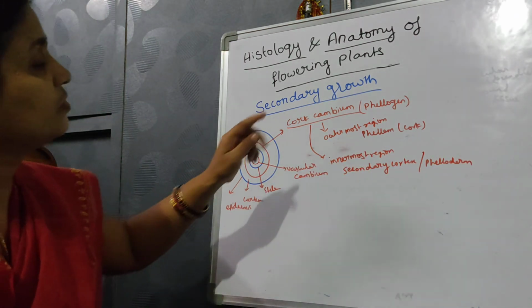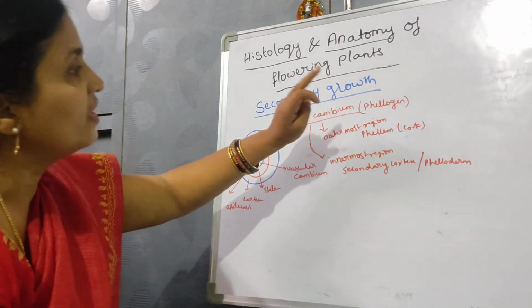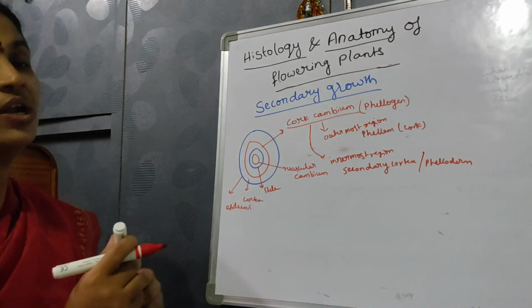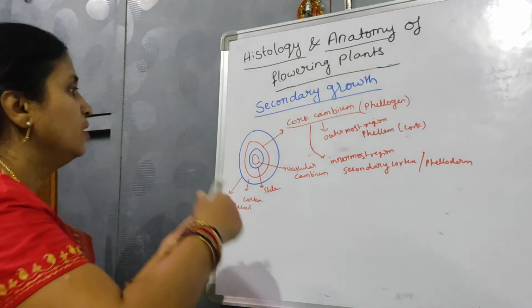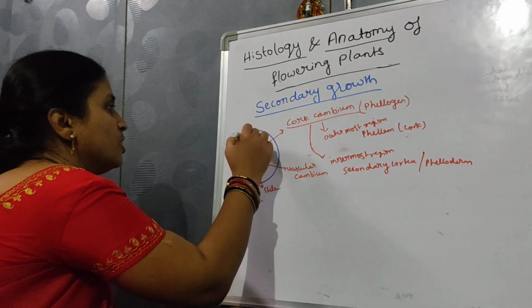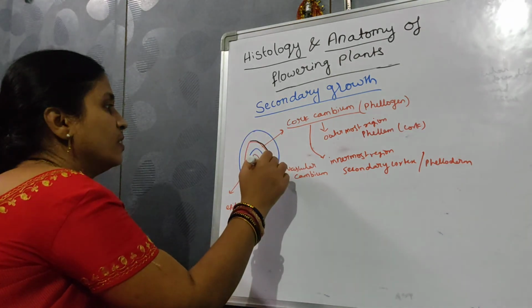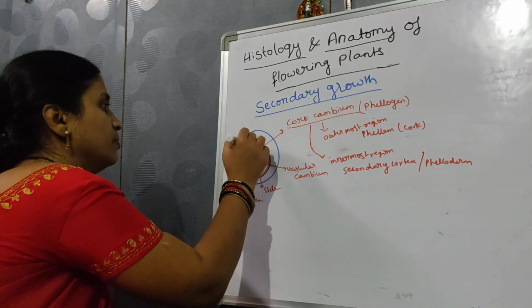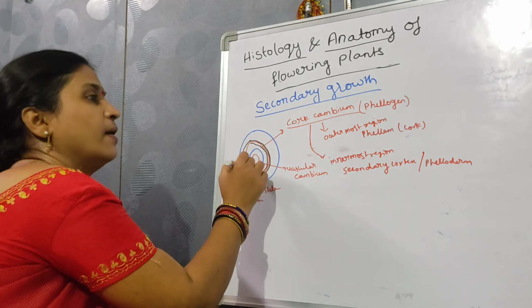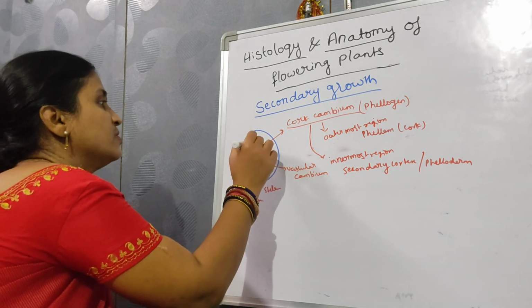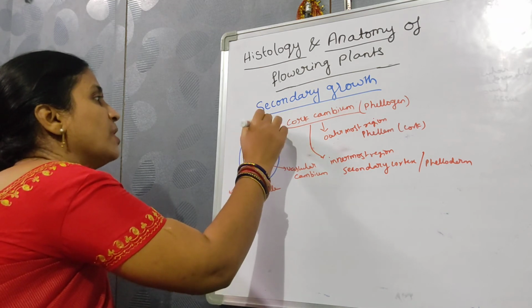So the phellem, phellogen and the secondary cortex phelloderm is called as the periderm. So what is periderm now? So here this is going to be the phellem, this is going to be the phellogen, and this is the phelloderm. So these three together is called as the periderm.